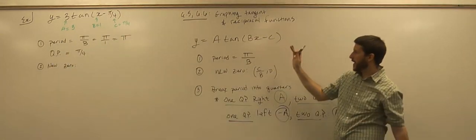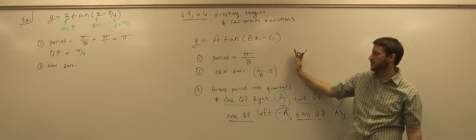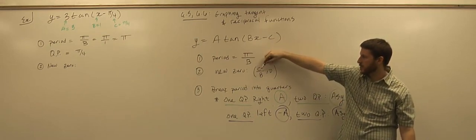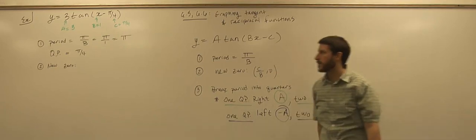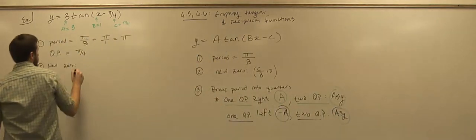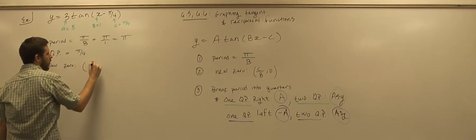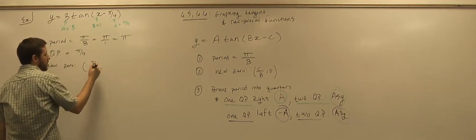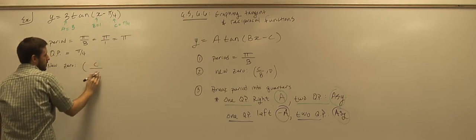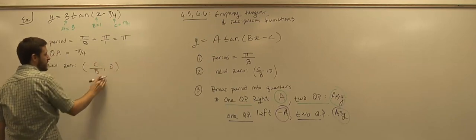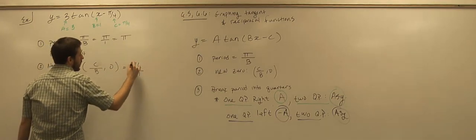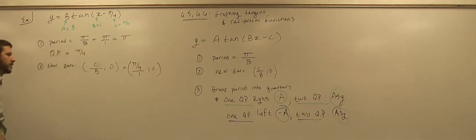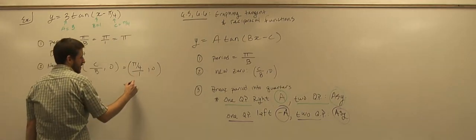Now we have to figure out where that origin moves, right? We had the point 0, 0 on tangent, but it's going to move to c over b, 0 because of this phase shift-like guy. Let me put c over b first. We're going to move to c over b, 0, which is equal to pi over 4 over 1.